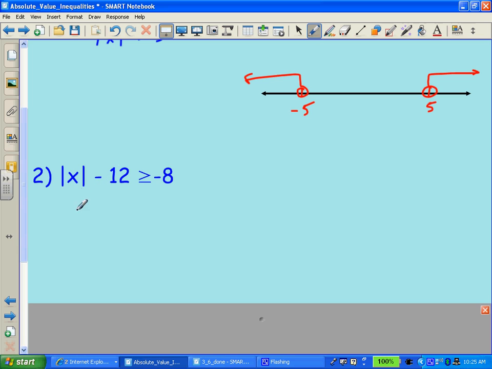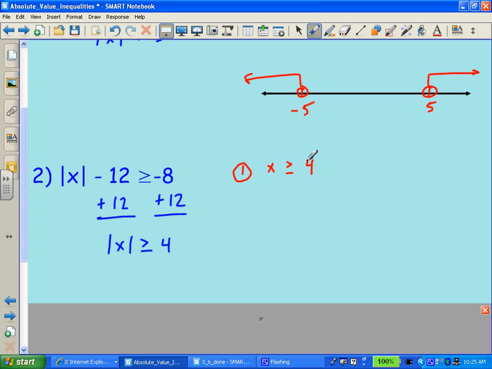Absolute value of x minus 12 greater than or equal to negative 8. So again, I want the absolute value by itself. So I'm going to add 12. So I get absolute value of x greater than or equal to 4. So now I've gotten it by itself, and I want to set up my two cases.